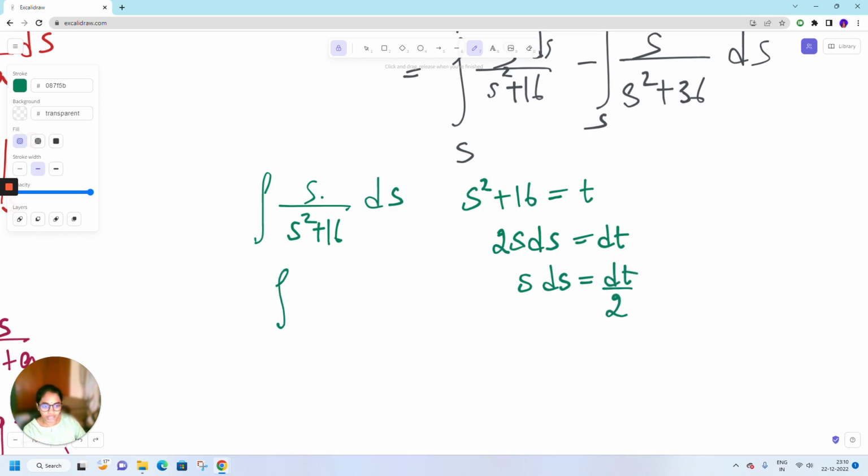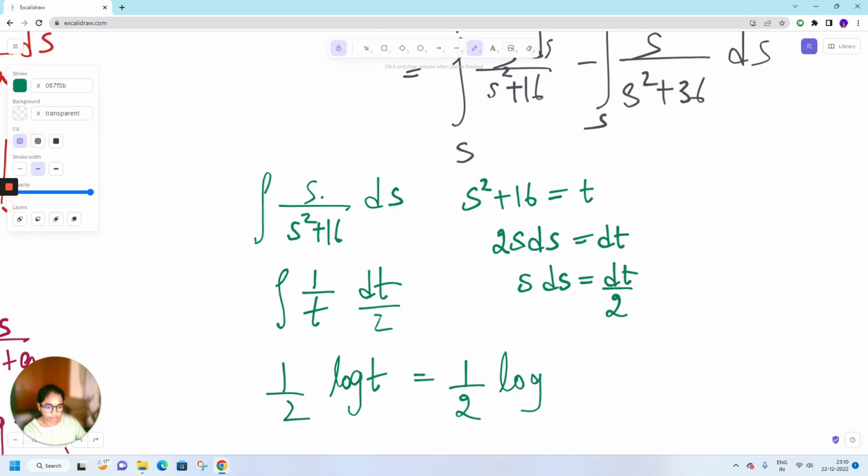What is s into ds? It is dt divided by 2 and 1 divided by t. Half is a constant, I'll take it out. Integration of 1 by t dt is what? Log t. Okay, if I substitute in place of t, I'll substitute back the substitution that we took, that is s square plus 16.